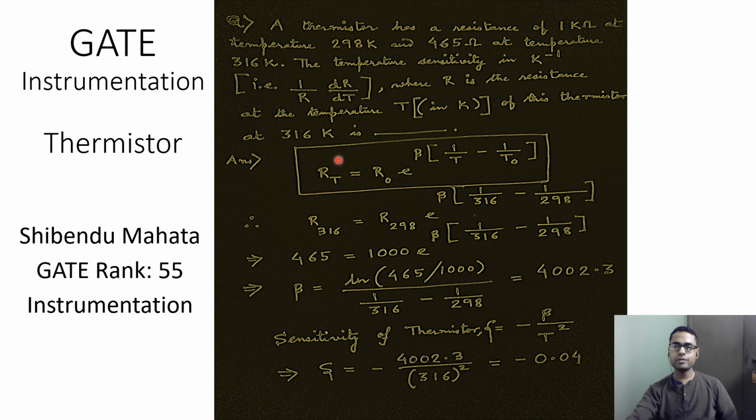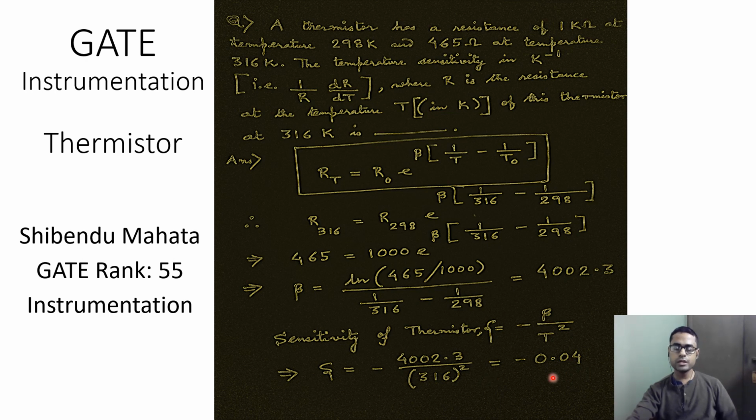You can take the derivative of R_T with respect to T and come up with this equation, of course dividing by R. Therefore the sensitivity, given by negative of beta by T square, with beta as 4002.3 and the temperature of interest 316 Kelvin, is negative of 4002.3 by 316 square, which is equal to negative 0.04.